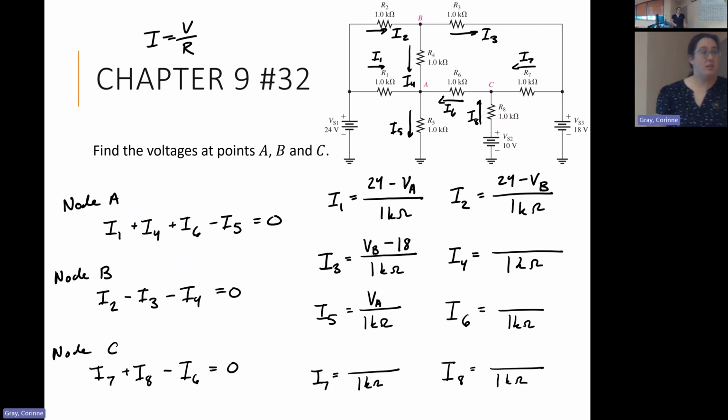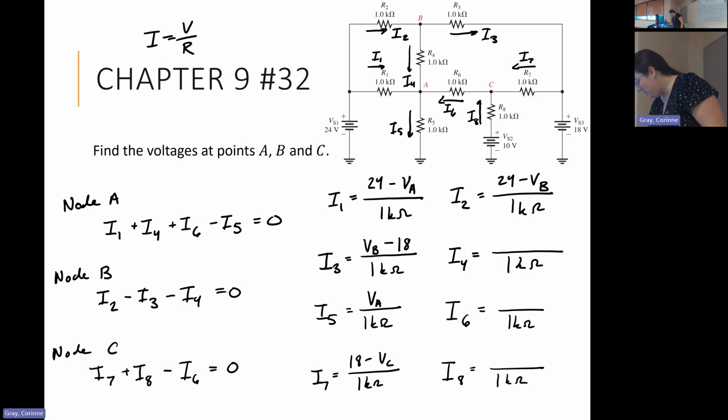So let's look at our I7. I'm starting here at 18. I'm then going to VC. So I'll have 18 minus VC. And then for 8 here, I'm going to be starting at 10 volts and going up to VC.